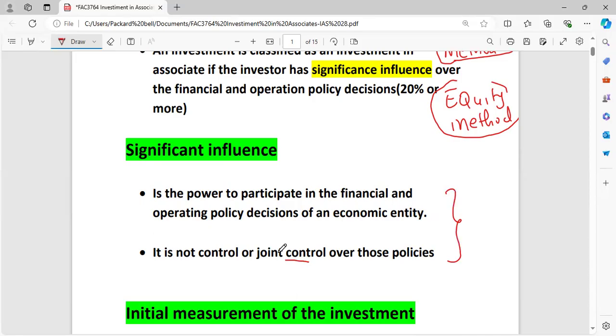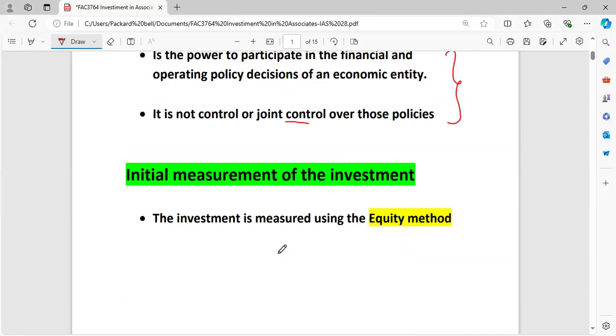Then the most important part that you must look at now is the investment in the associate. How do we measure the investment in the associate? This is the initial measurement of the investment in the associate. When we talk of measurement of the investment, we are looking at the value of the investment in the associate.